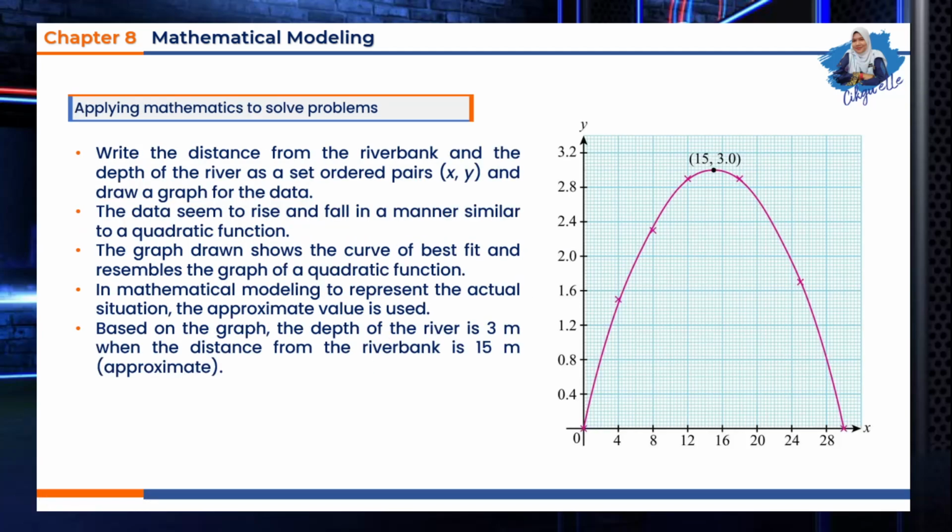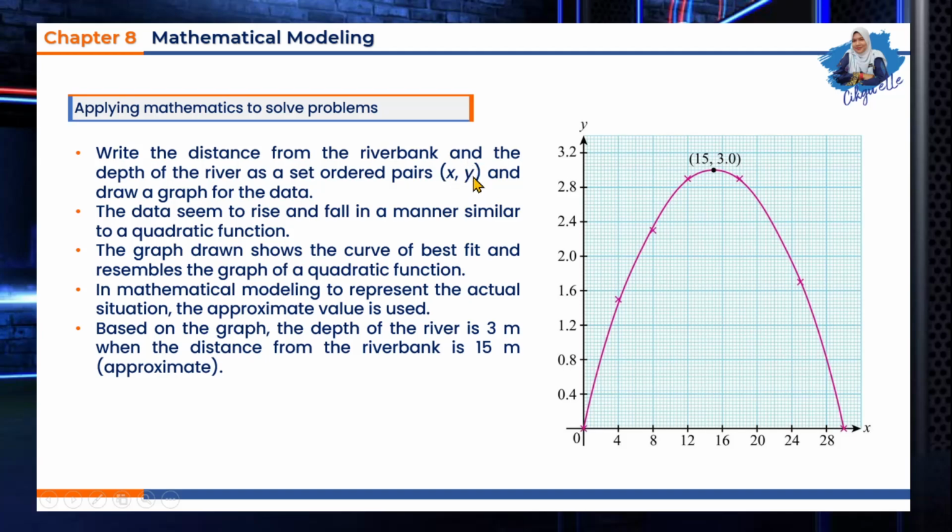Now, the third step is to apply mathematics to solve problems. What you have to do is apply your mathematics knowledge. You write the distance from the riverbank and the depth of the river as ordered pairs (x, y).